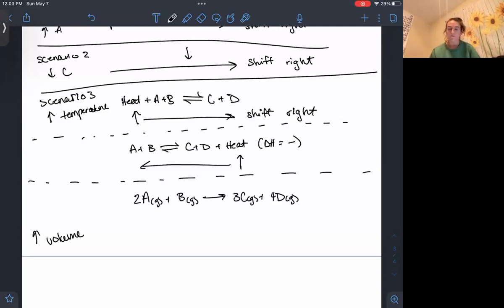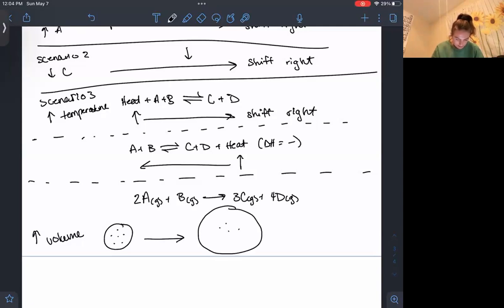We're increasing volume. So we have this shape, and we have 6 particles in our container, so the pressure is 6 right now. If we increase our volume, now we have this bigger circle. When that first initially increases, we still have those 6 particles in our container, but we want that pressure to stay the same.